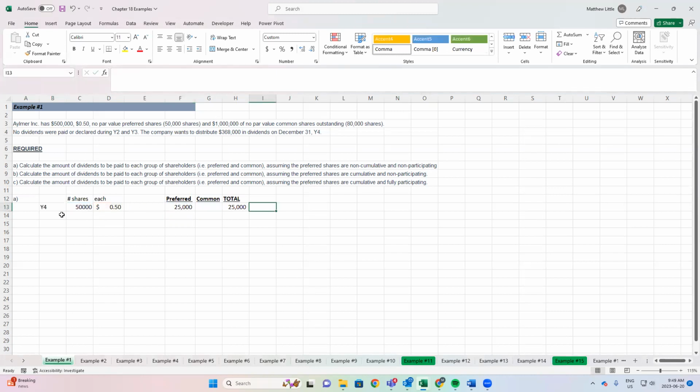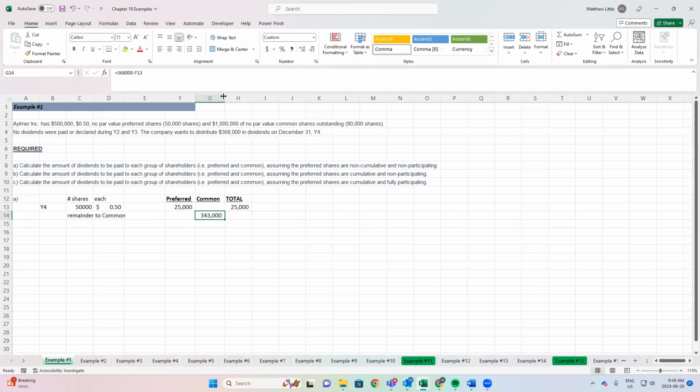The next will go to the remainder to common because they're non-participating, which means they don't get anything over and above what's in their agreement. So we'll take the 368,000 less what we've paid out. So the common shareholders will get the balance of 343,000.